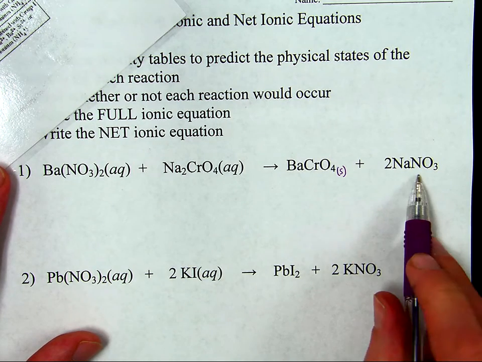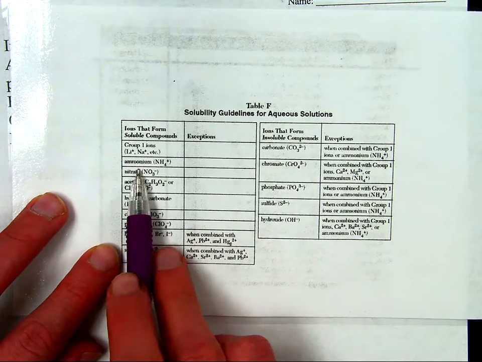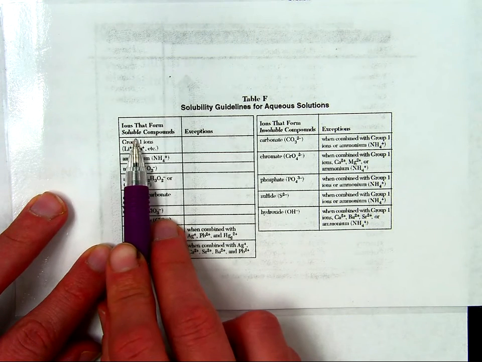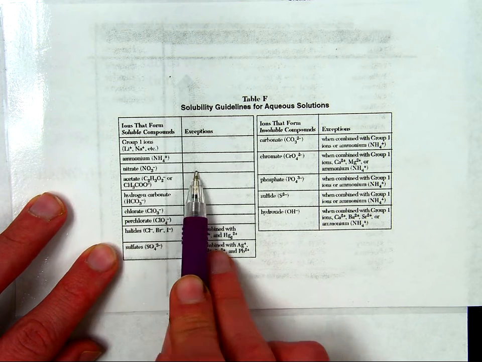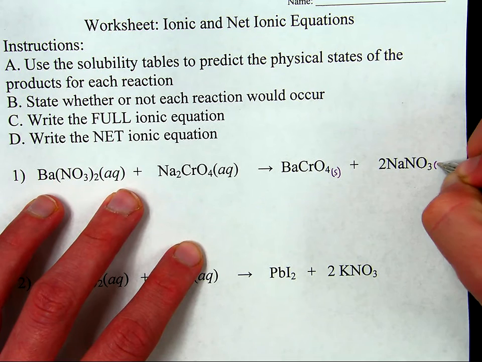And then the sodium nitrate over here, I've got to look that up on the table as well. Here's nitrate in the ions that form soluble compounds column, which means nitrates dissolve in water, and there are no exceptions, which means all nitrates dissolve in water, including this one. That's why I'm writing AQ here.